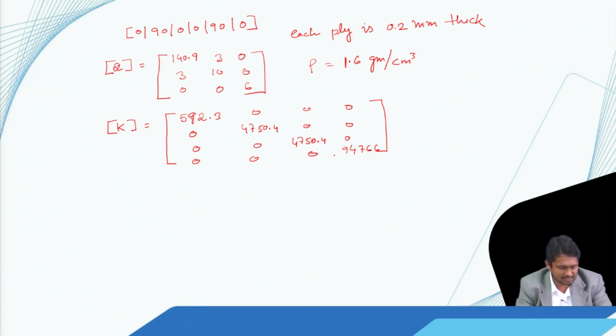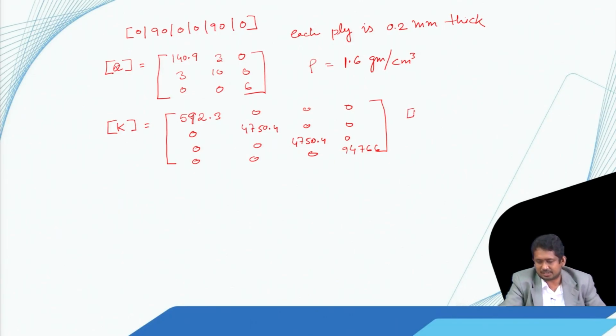This is the K matrix, and the mass matrix, the M matrix that we get is 0.48, 0, 0, 0, and then we have 0, 0.48, 0 0 0 0, 0.480 0 0, 0.48.